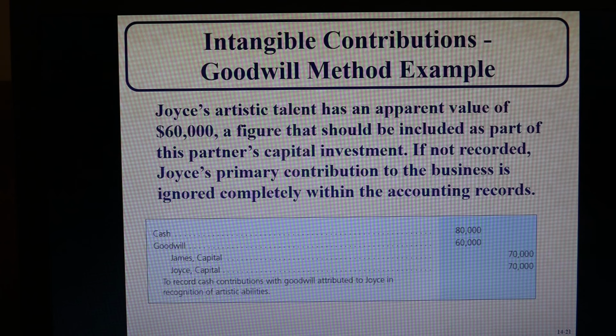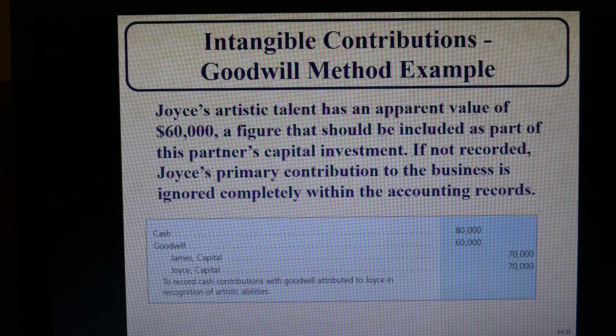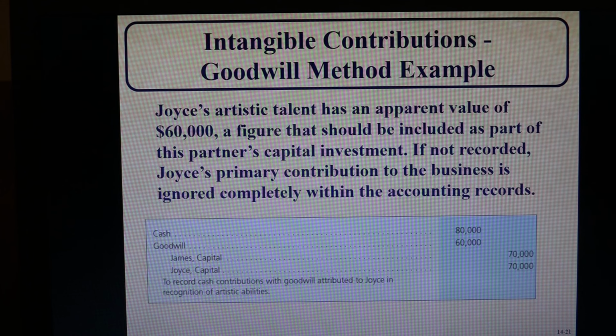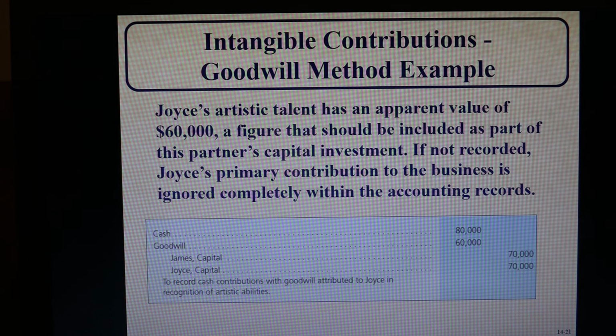And so Joyce's artistic talent has an apparent value of $60,000, a figure that should be included as part of her capital investment. If not recorded, Joyce's primary contribution to the business is ignored completely within the accounting records.